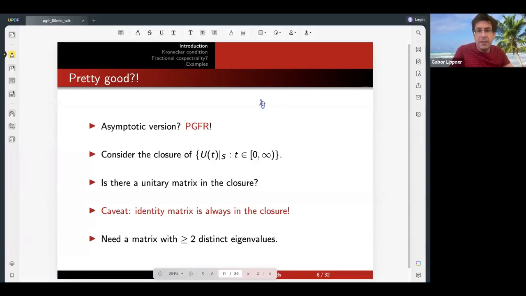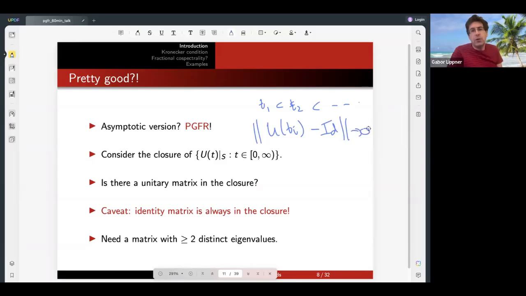There is a sequence of times such that U of t_i minus the identity goes to 0. For this sequence of times, the block will converge to the identity matrix as well, and the identity is unitary. So this is not an interesting question.